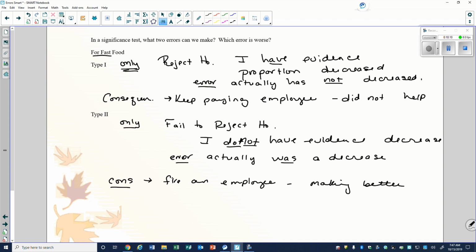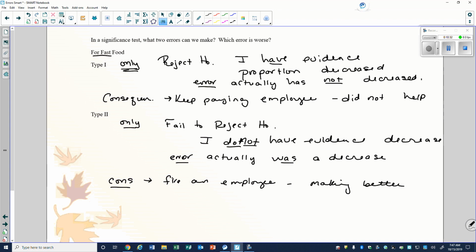Okay. Now, in every single test that you do, you kind of want to think about which error is going to be the worst for me to make. And there's never really a clear answer on that because errors are never good. In my opinion, it would be worse to fire an employee that was making my business better.